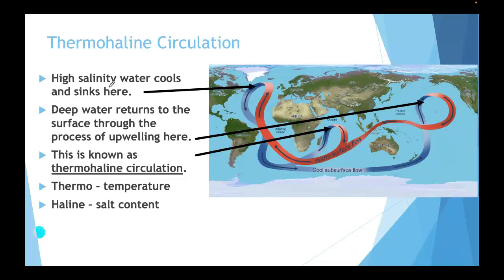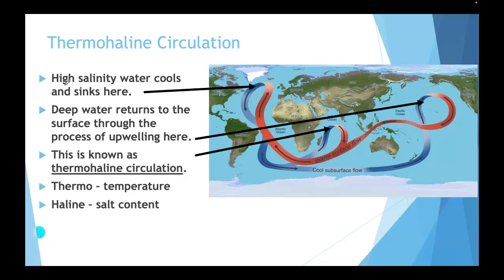Another name for this is thermohaline circulation. Thermo meaning temperature, haline meaning salt content. That's really what powers this current to flow: changes in temperature and salt content of the ocean water.